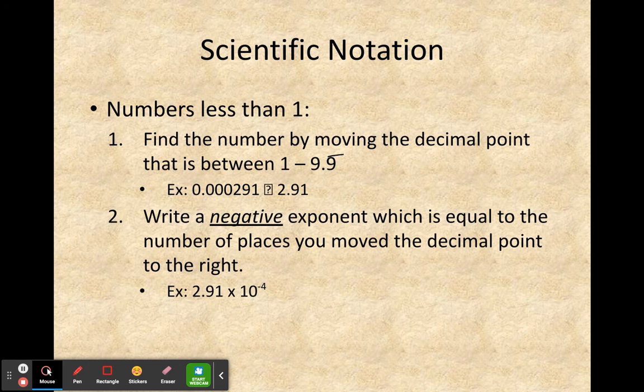And you're writing a negative exponent, which is equal to the number of places that you moved the decimal point to the right, but it's also the number of places that you would have to move it back in order to create the original number.